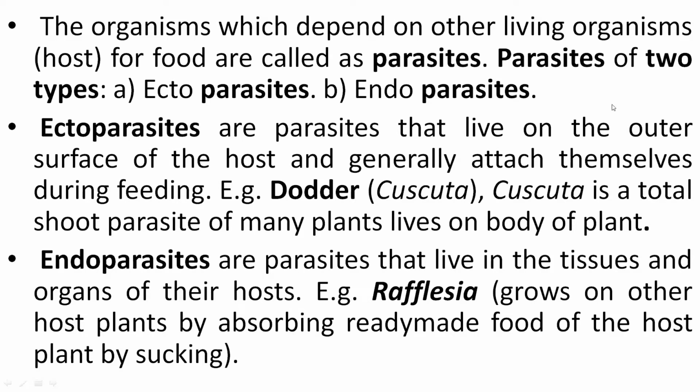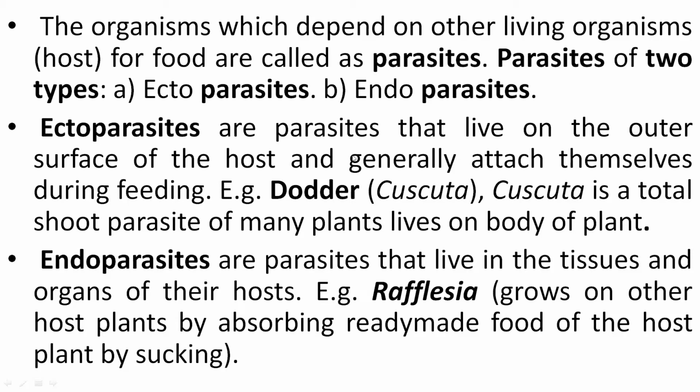Clear? Now, parasites can be of two types, ectoparasites and endoparasites. As you know, ecto means outer and endo means inner. So, ectoparasites live on the outer surface of the host, and endoparasites live inside.